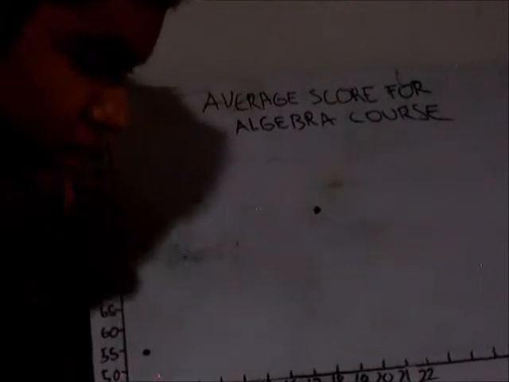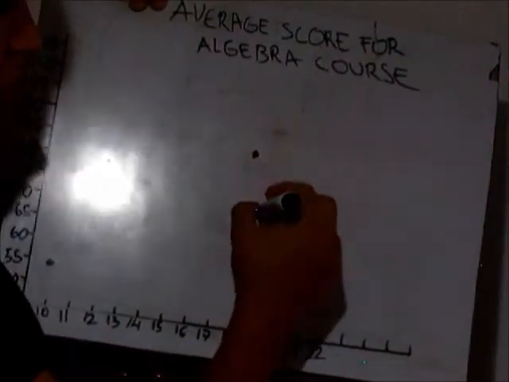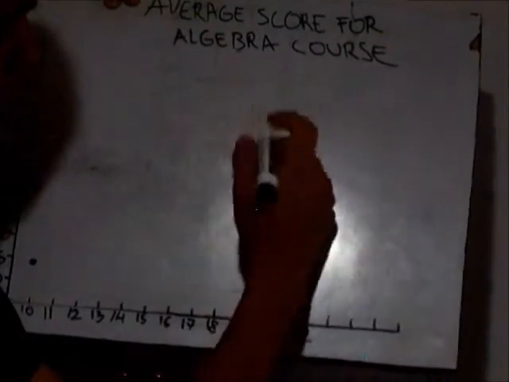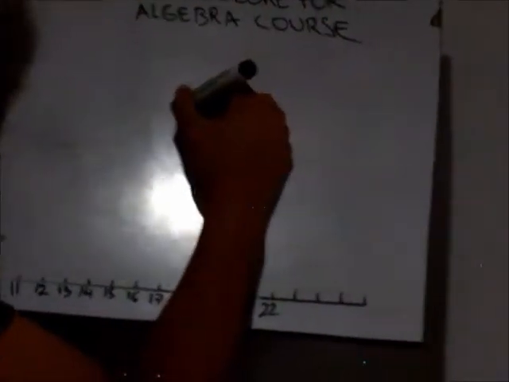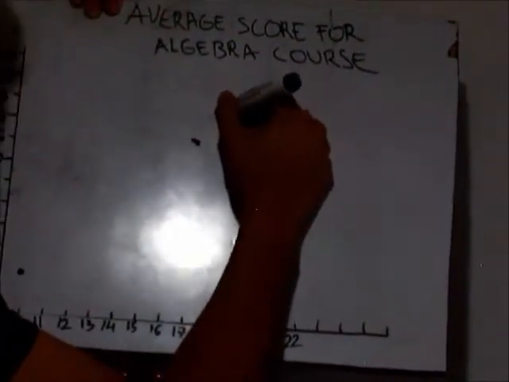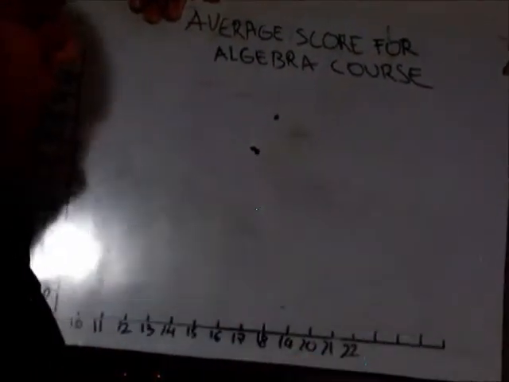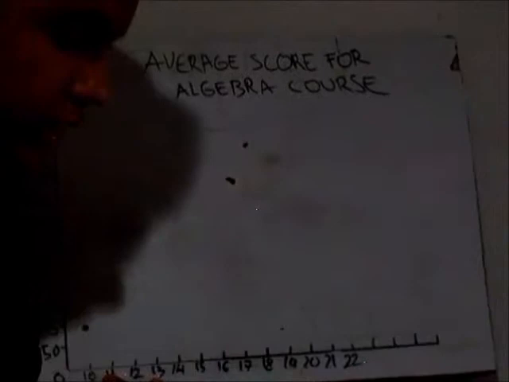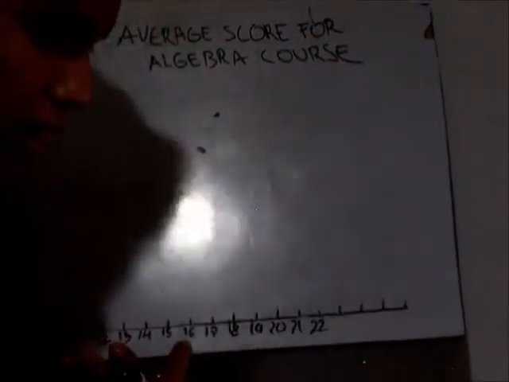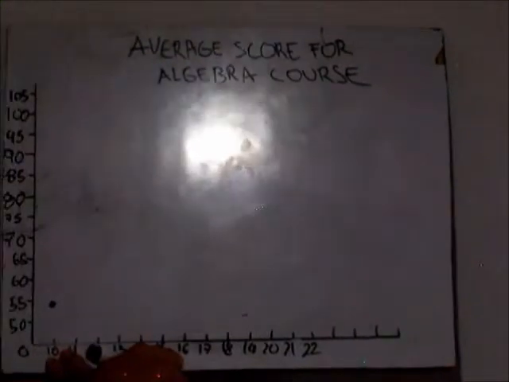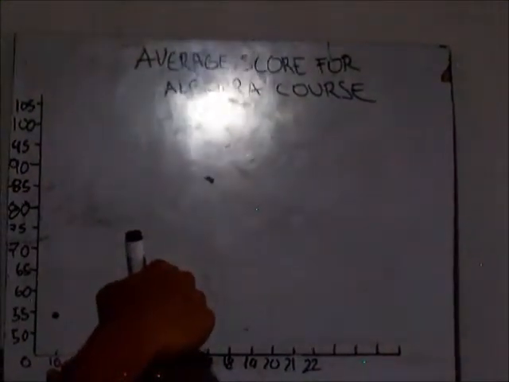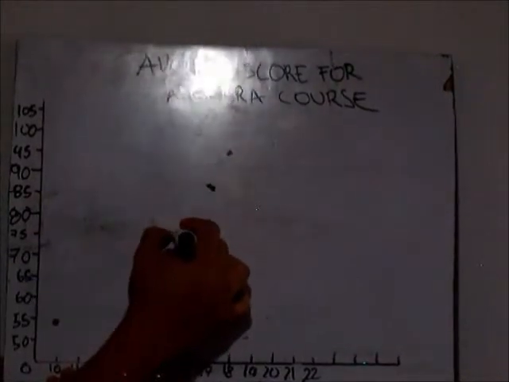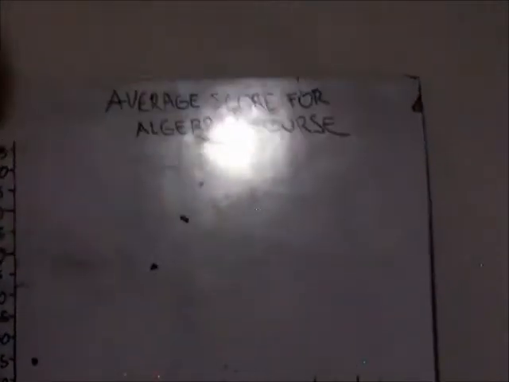The next one was 19, 96, so over here. The next one is 16, 79, so 16, 79 over here, right?